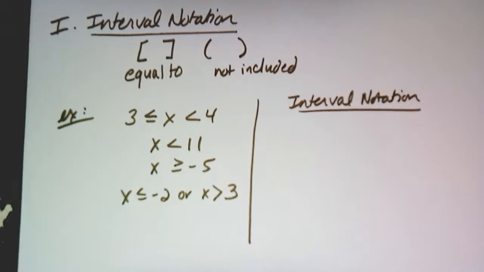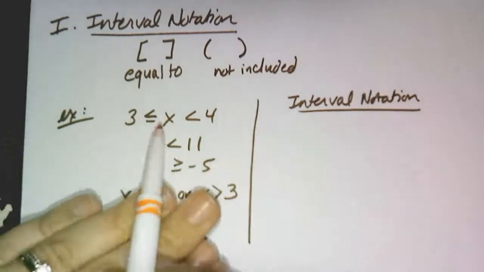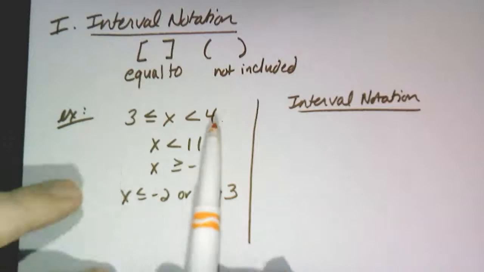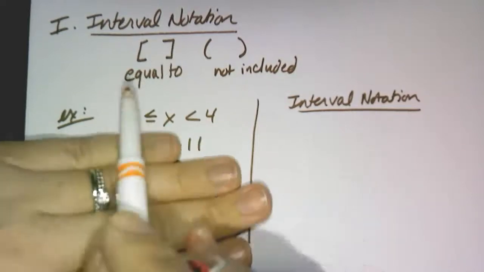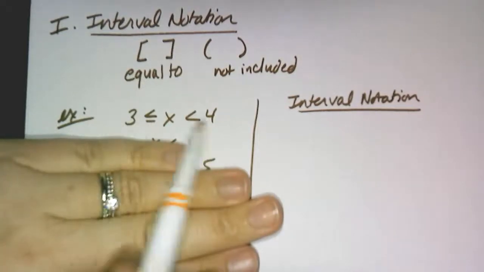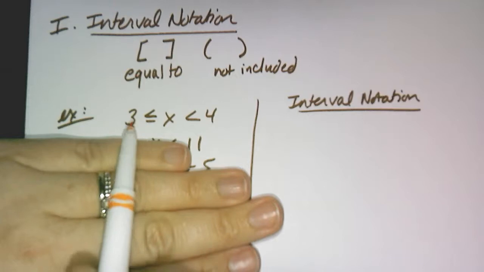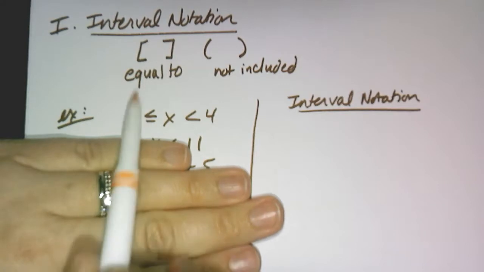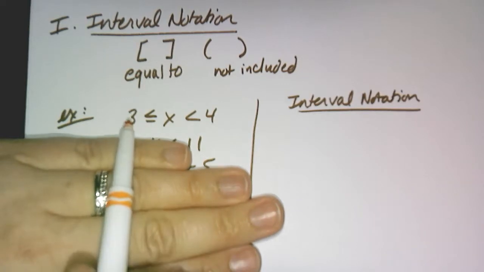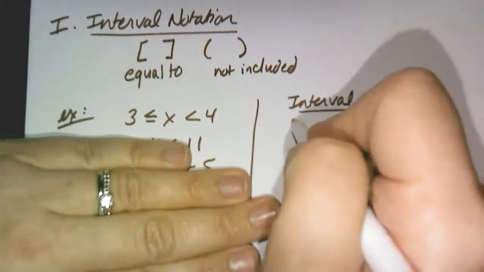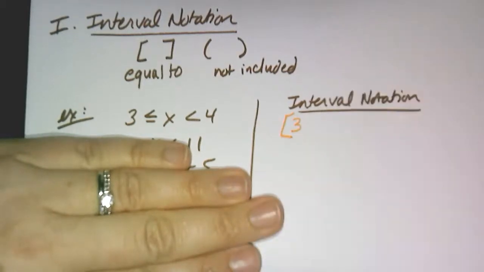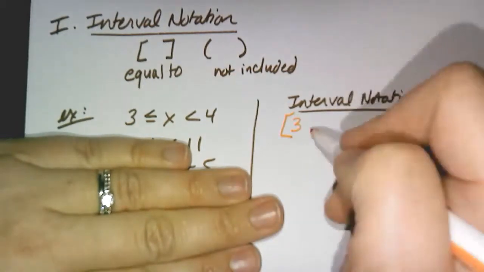You always want to start with the lowest number that X can be. Looking at just this one, what is the lowest value that X could be? 3, right? Would you be equal to 3, including it or not including it? So you would write 3 with a bracket. Then you put a comma.